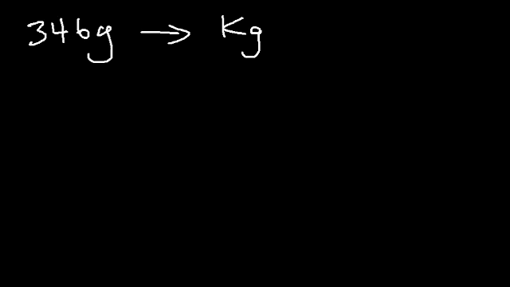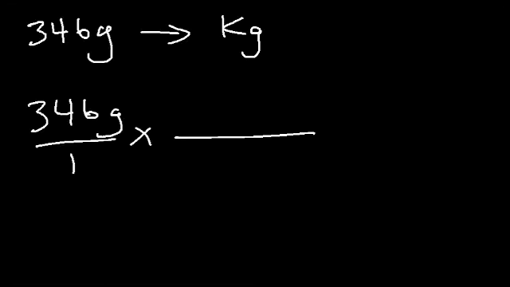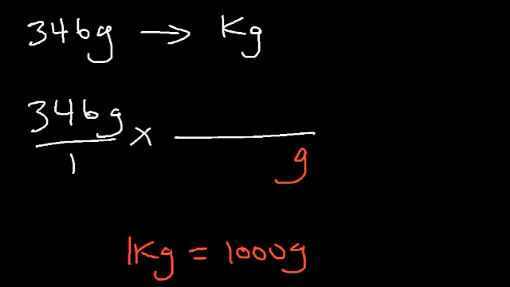Feel free to pause the video and try this conversion yourself. So start with what you have, which is 346 grams over 1, and let's convert it into kilograms. So we're going to use the fact that 1 kilogram is equal to 1,000 grams. So since we have the units grams on top, we're going to put the units grams on the bottom, and so kilograms is going to go on top.